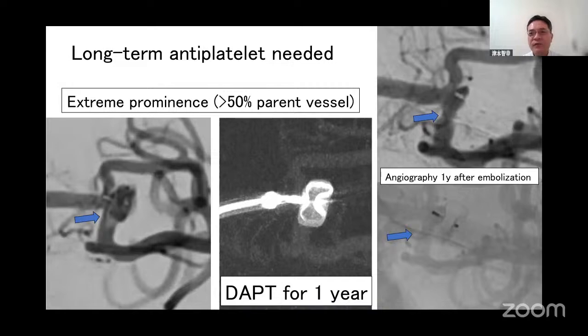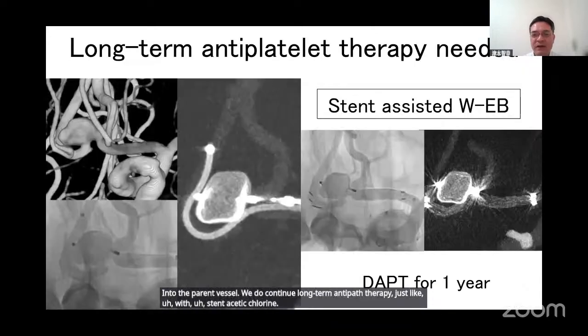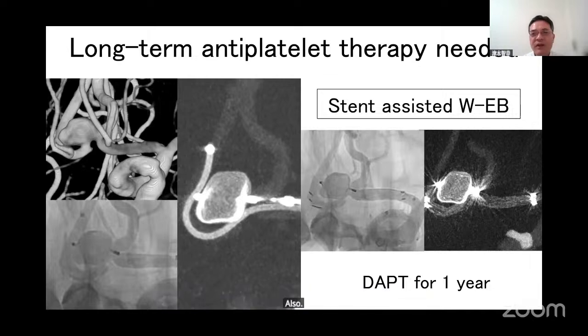In cases where the intrasaccular device protrudes 50% or more into the parent vessel, we continue long-term antiplatelet therapy, just like with stent-assisted coiling. Also, when a stent is needed in addition to our intrasaccular device, we also use long-term antiplatelet therapy as in stent-assisted coiling.